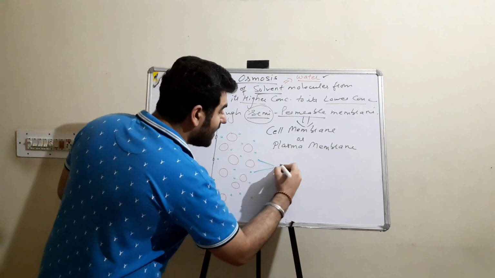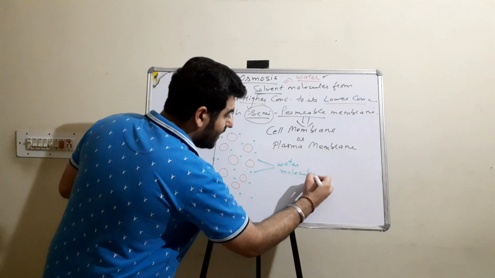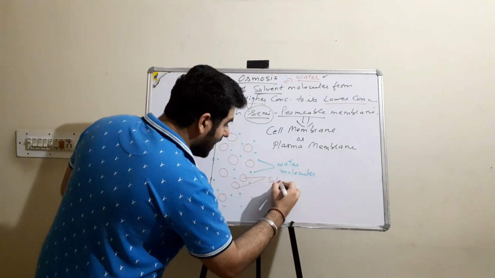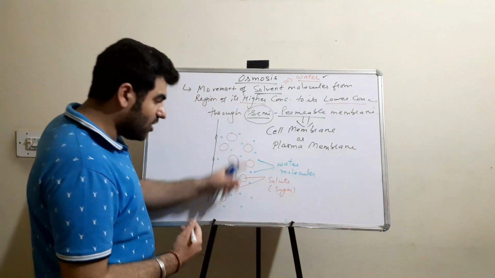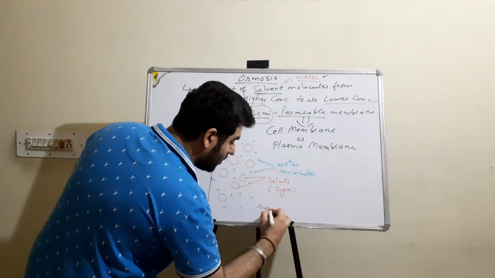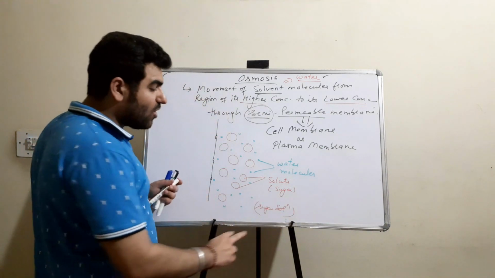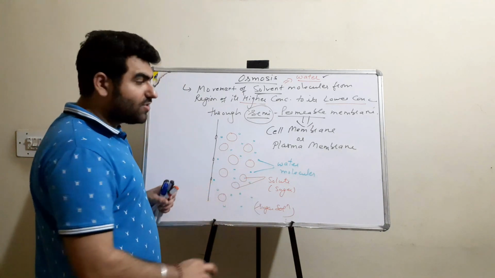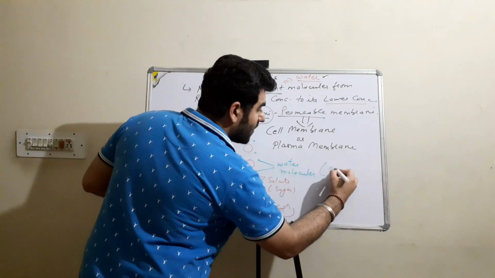So let me label it. These green ones are the water molecules, which is the solvent, and these red ones are the solute molecules. Here I am talking about the solute molecules as sugar because this solution is a sugar solution. And this sugar solution is having two types of molecules. One is the sugar, the other is water. So this is the solute, which is the sugar, and here it is water, which is the solvent molecules.